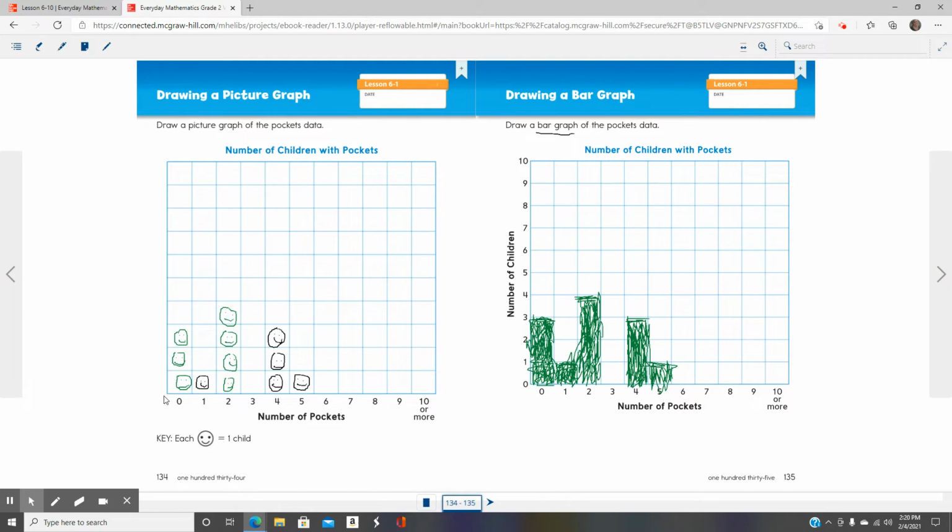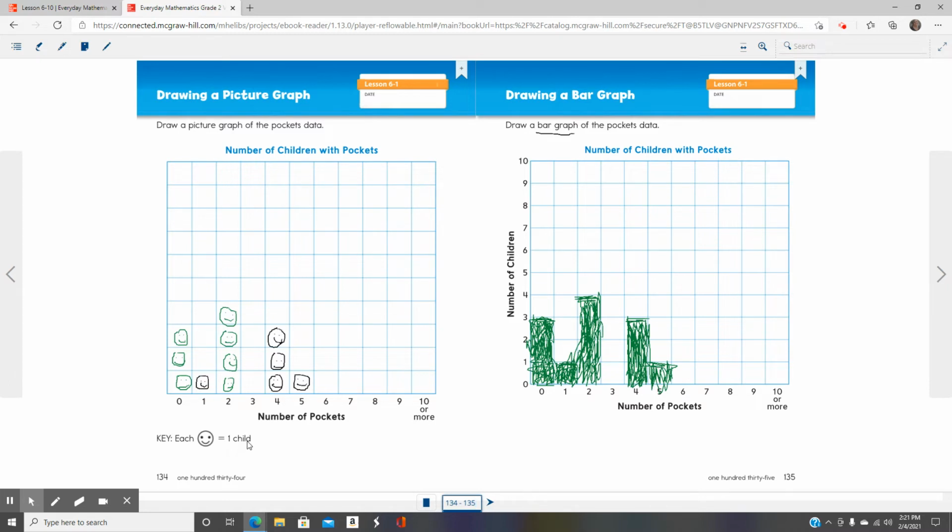Well, if you look at the key down here, it says that each smiley face equals 1 child. So this graph already had a key or a bit of information that told us that we have to use smiley faces in our picture graph, and each smiley face represents one child.